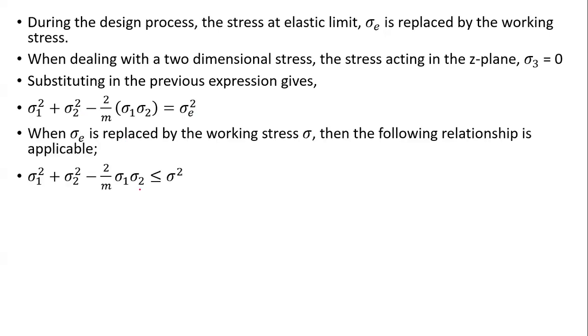And of course, we substitute this by the working stress, which can be either less than or equal to that stress we are referring to. This refers to a point where we're trying to do the analysis in a design process. We want to get to the working stress. And our idea is to analyze that failure and see when things may go wrong.